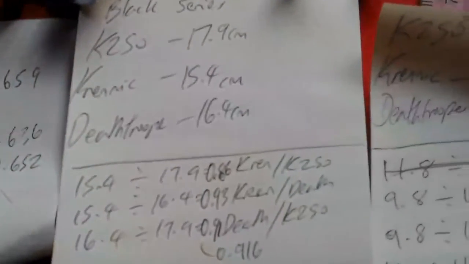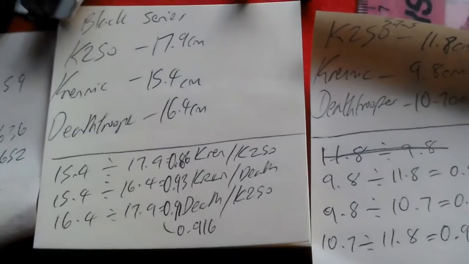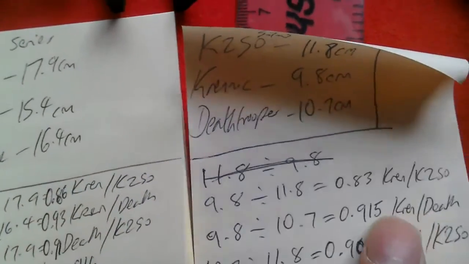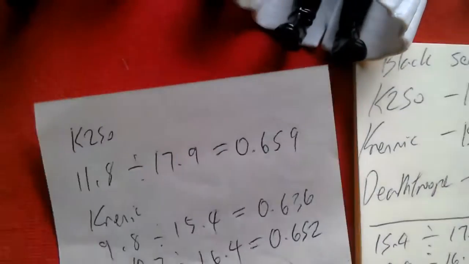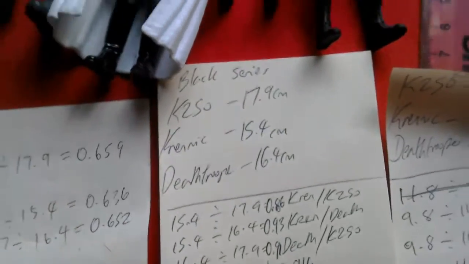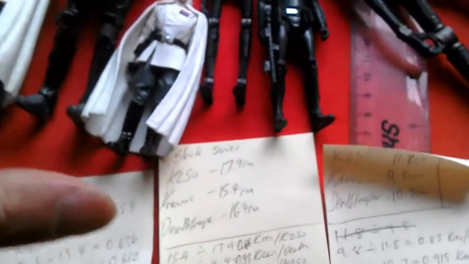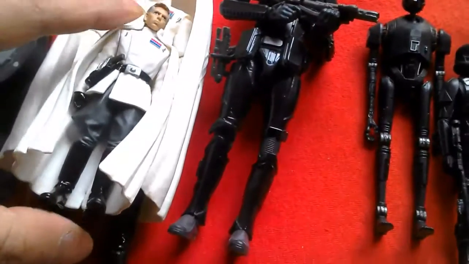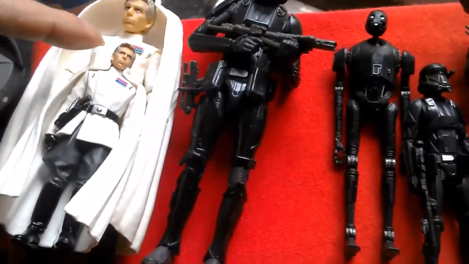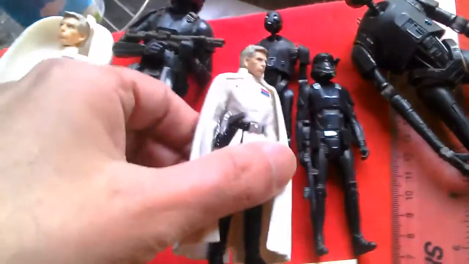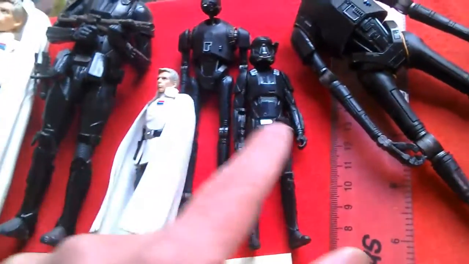These are the results. So you match these numbers here with those ones there, and then we just did these sums here. Okay, so there seems to be some sort of consistency between the figures in terms of the scaling between the 6-inch and the 3.75, and then between the figures within a certain line.